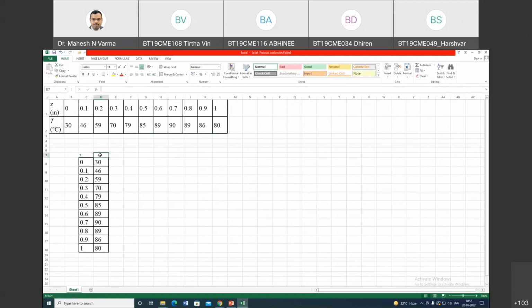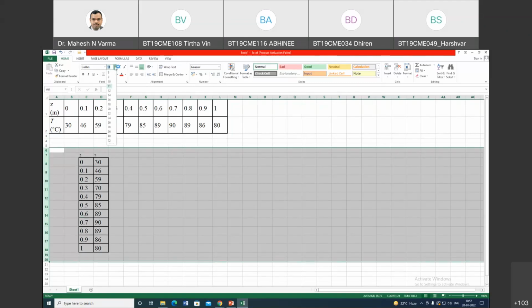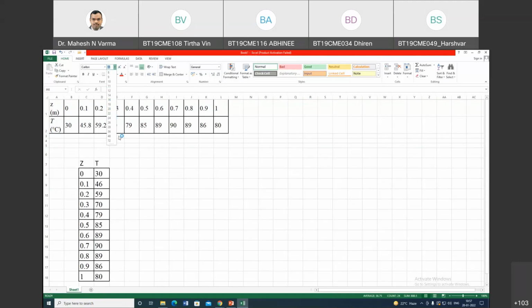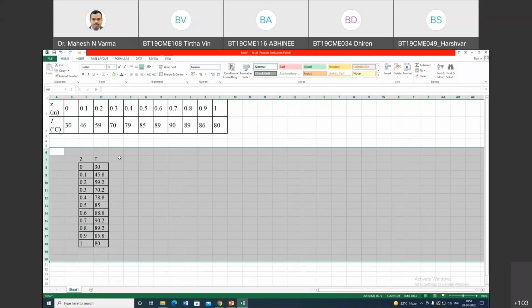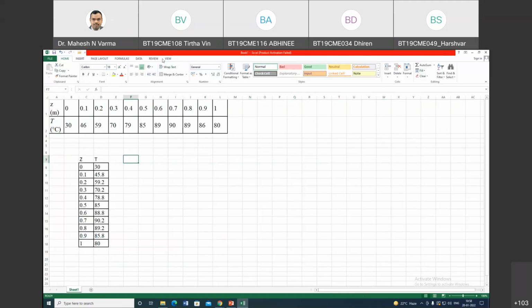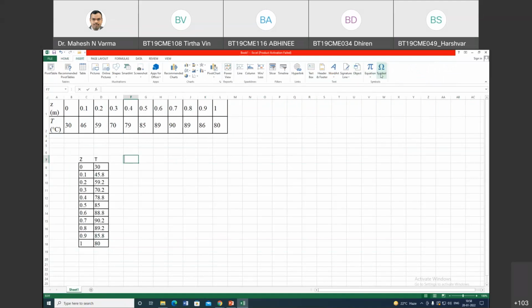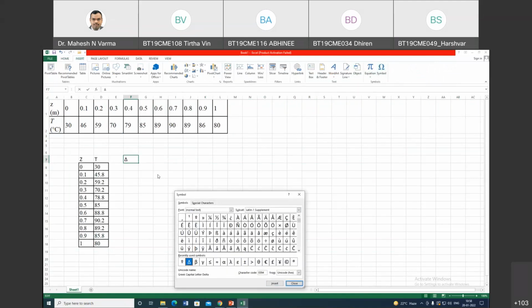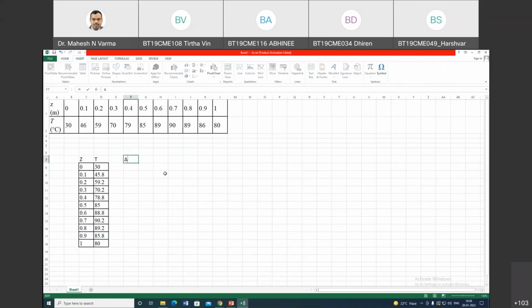Okay, this is Z. This is temperature and this is Z. So now I should go to insert symbol delta. This is delta Z. This is delta T.